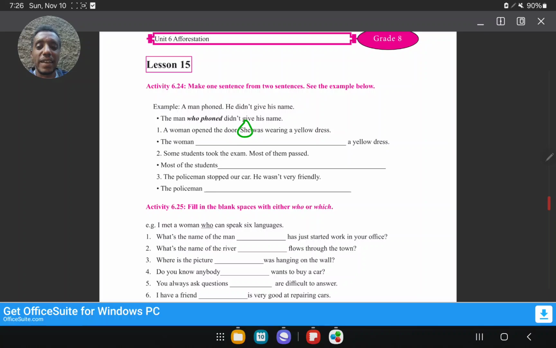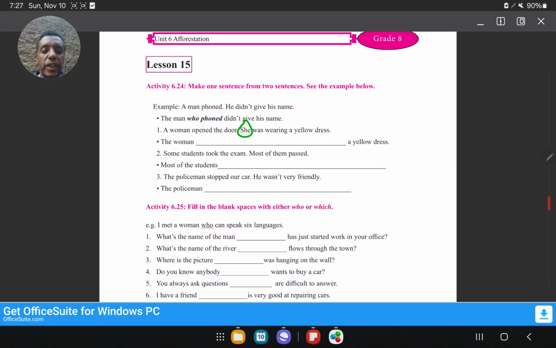Another one: some students took the exam. Most of them passed. The students who took the exam, or most of the students who took the exam passed, you can say. So the policeman stopped our car.